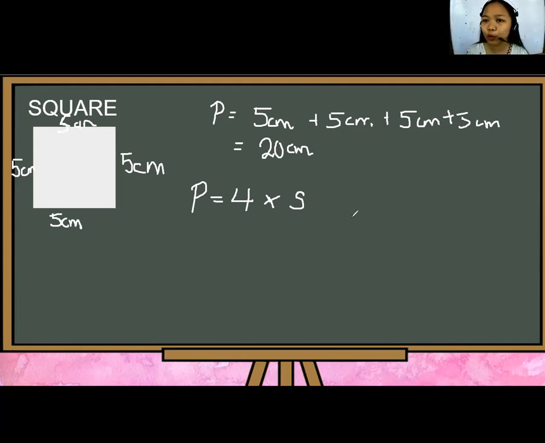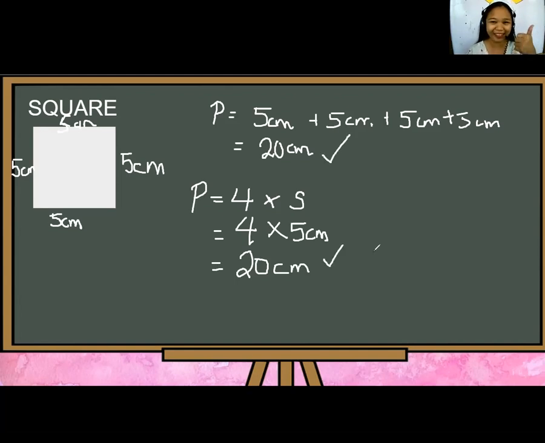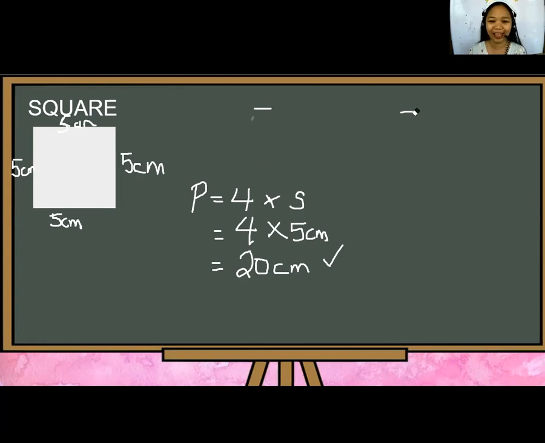Let's see kung 20 centimeter pa rin ang lalabas. Let's check our formula. So we have 4 times 5 centimeters. 4 times 5 is equal to 20 centimeters. Parehas ba siya? Yes. So therefore, the perimeter of the square is equal to 4 times S.